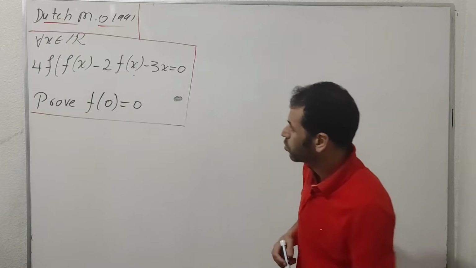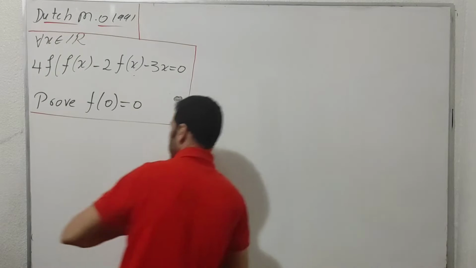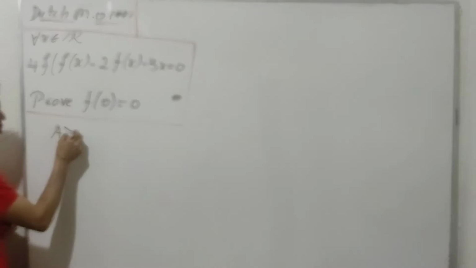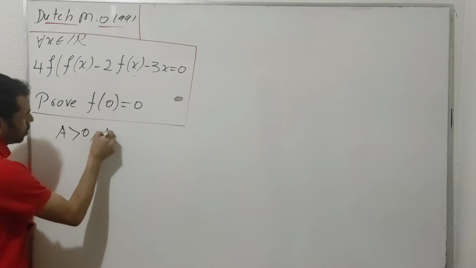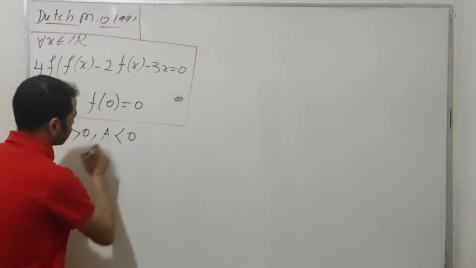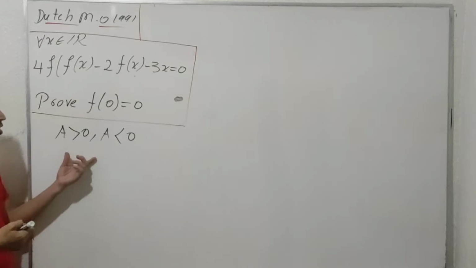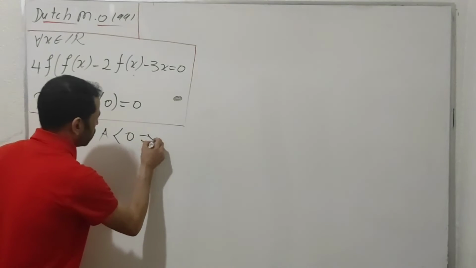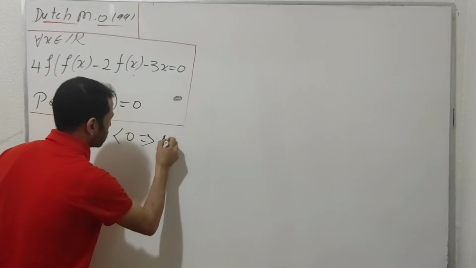The idea that I'm going through is this: if you have something like capital A strictly superior than 0, and at the same time capital A strictly inferior than 0, then none of these cases works, which is impossible. This implies that A must be equal to 0.